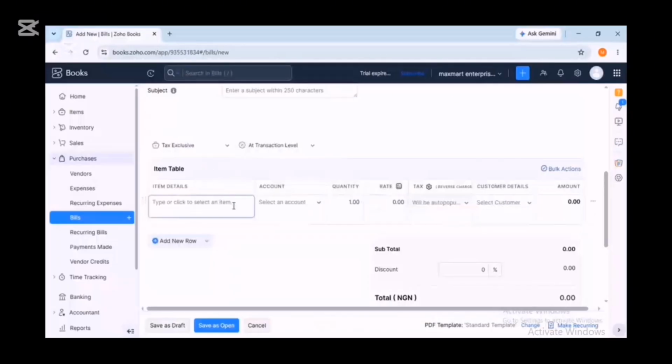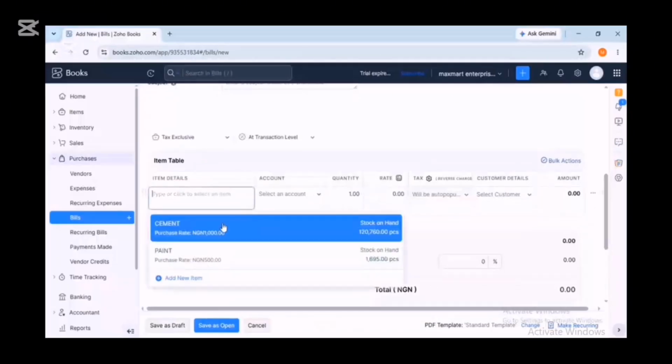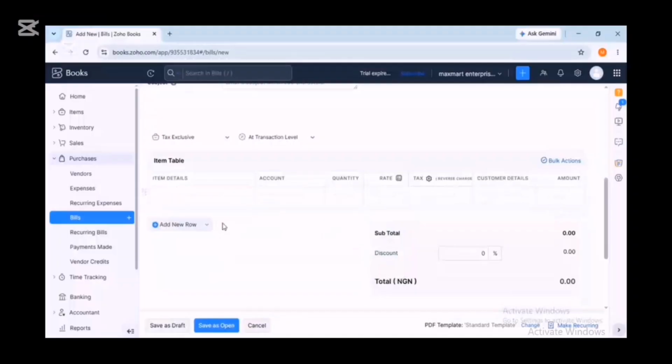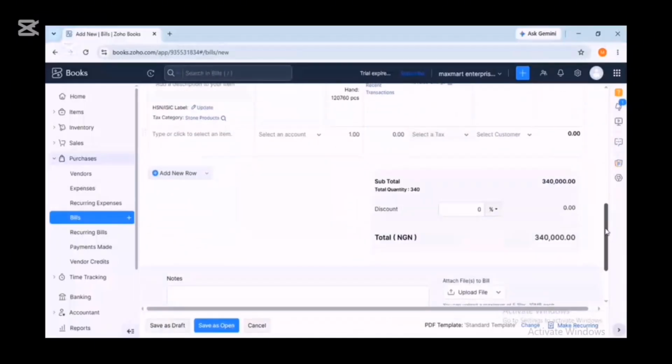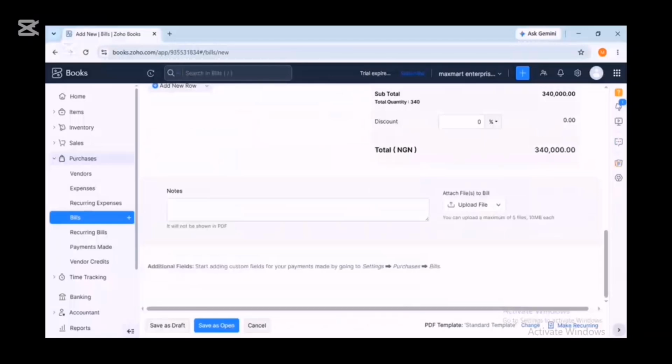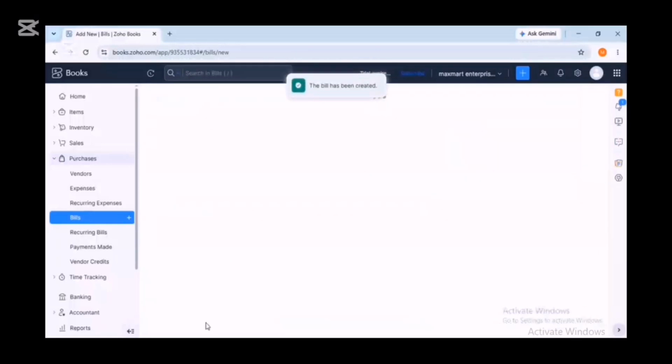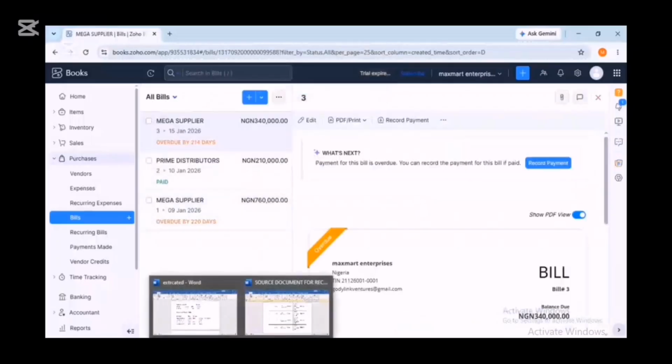So let's input the items that he supplied the business. The business purchased cement. He supplied cement. So the quantity, 3,400, no, it should be 340. That's the amount he supplied to the business. So let's save as open, as recorded.